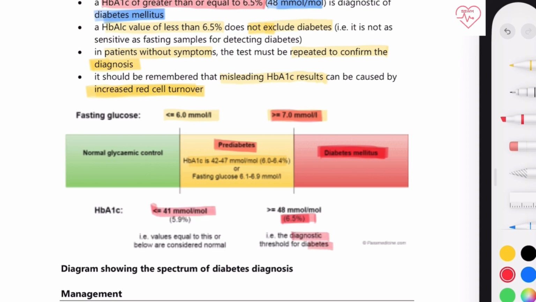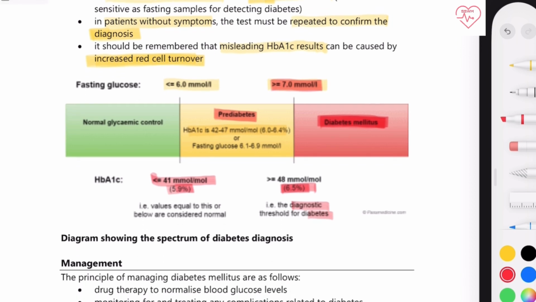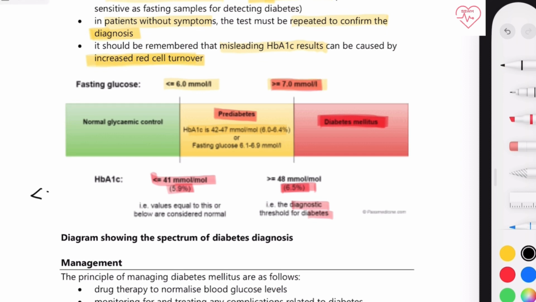Less than 41 millimole or 5.9, equal to this or below, are considered normal. Guys, if it is less than or equal to 41 millimole per mole, it is considered normal.